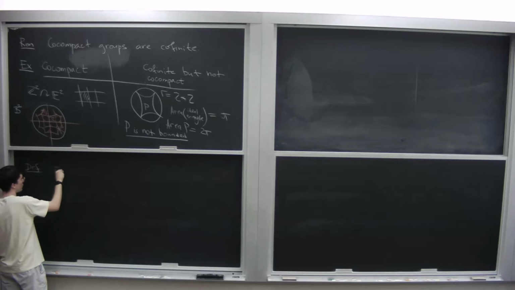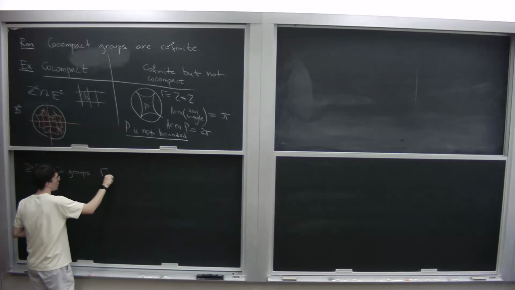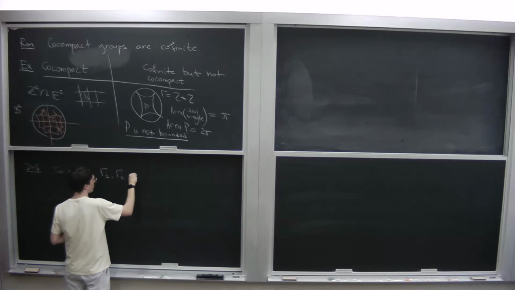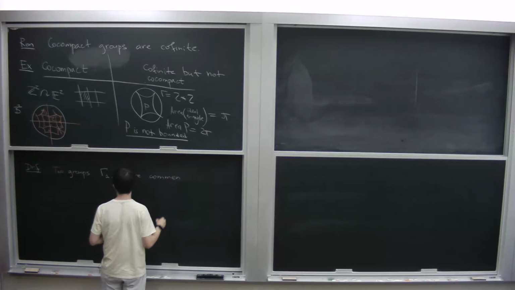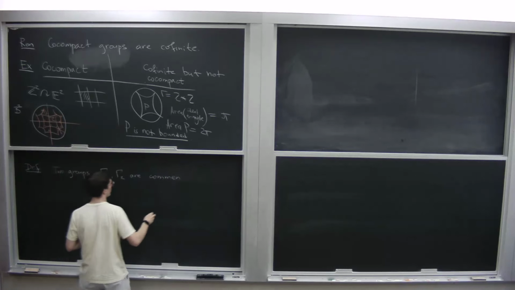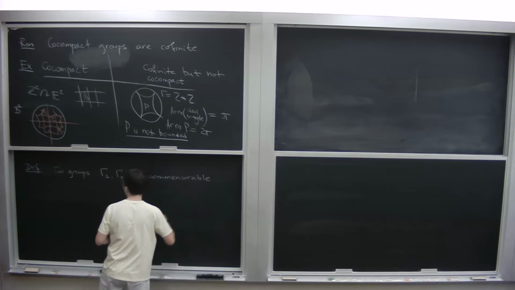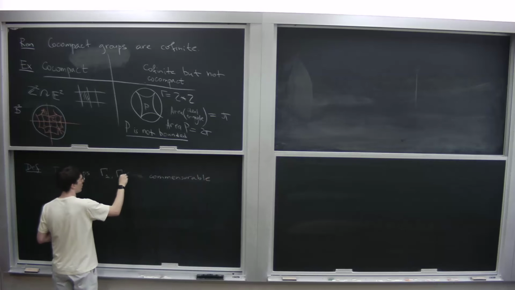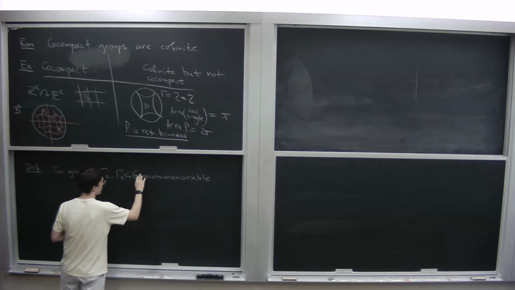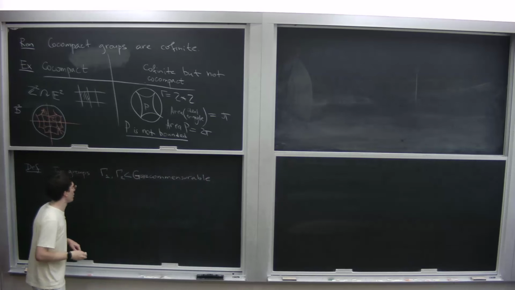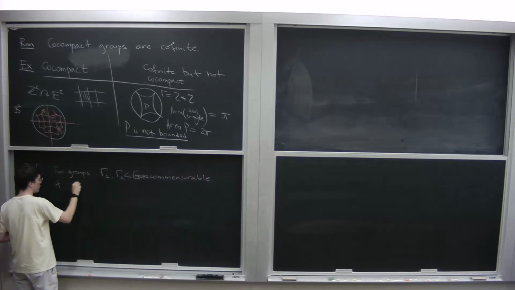Two groups, gamma 1 and gamma 2, are commensurable. I actually want them to sit in a common group, right? They are commensurable if their intersection is of finite index in both of them.